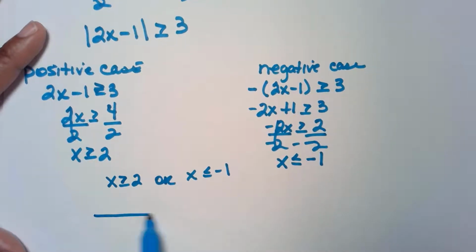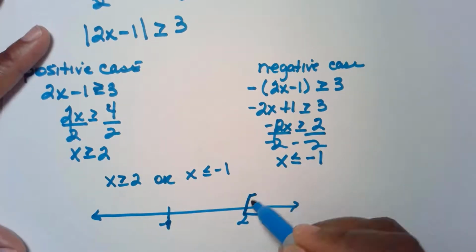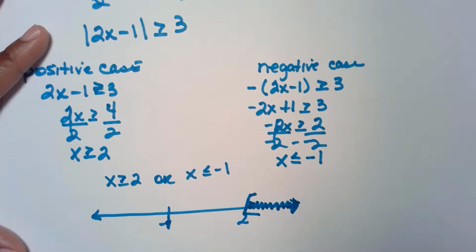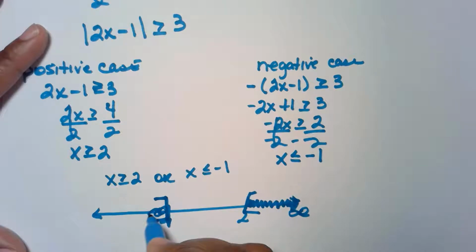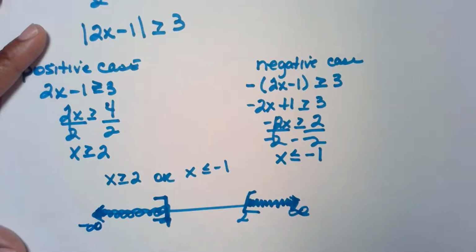As long as we graph this correctly: here is negative 1, here is 2. x is greater than or equal to 2: we have a closed bracket, shade everything to the right, out to positive infinity. x is less than or equal to negative 1: that's a closed bracket at negative 1. We shade to the left, all values less than or equal to negative 1, starting at negative infinity.